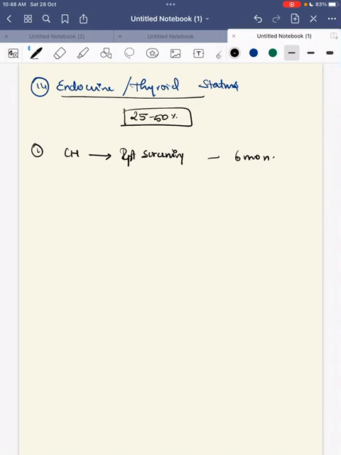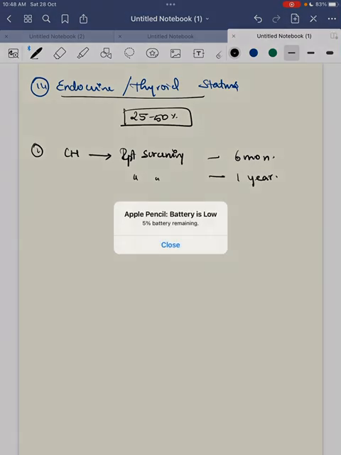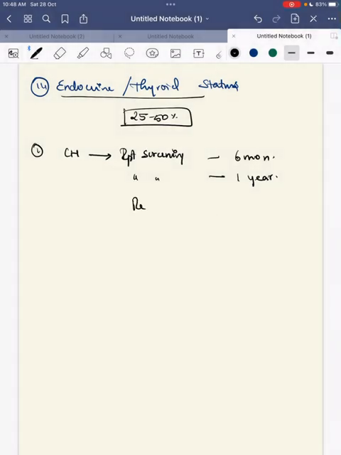The repeat screening should be done at 6 months, and again at 1 year of age. Then it is repeated yearly for life.